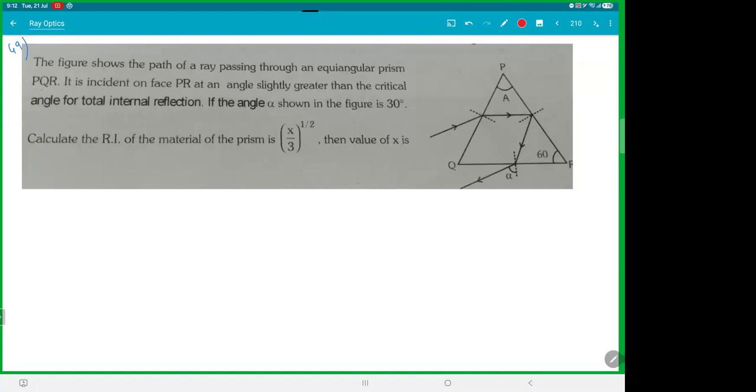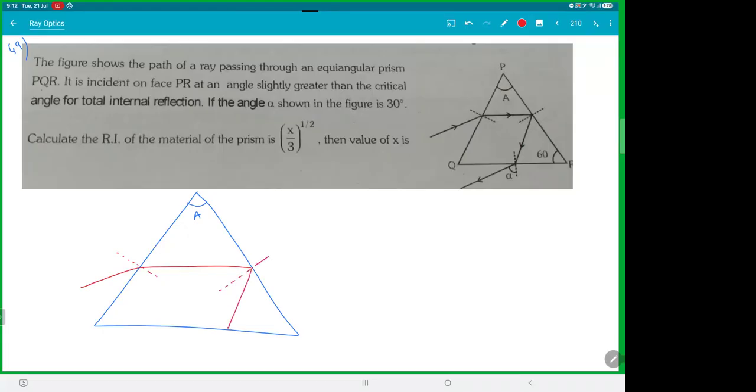Let's draw the picture here. So forget about this. This is A anyway. The ray is entering here. This is your normal. You're hitting here. This is the normal, and this is hitting here, and this is coming out. Now he said you're hitting slightly greater than theta critical.